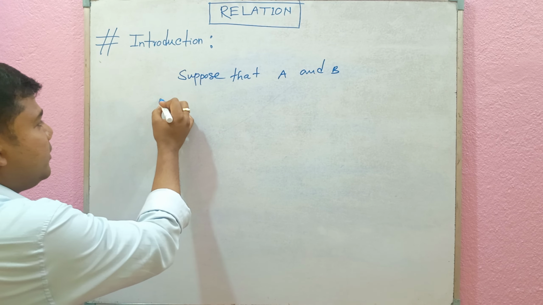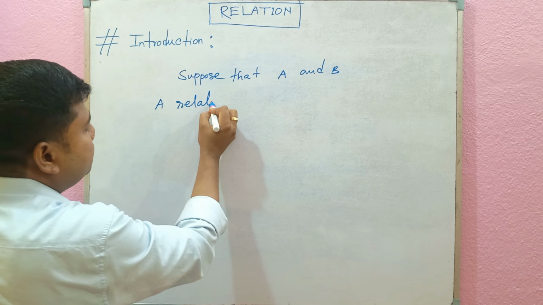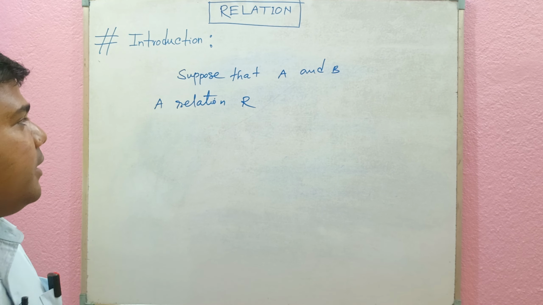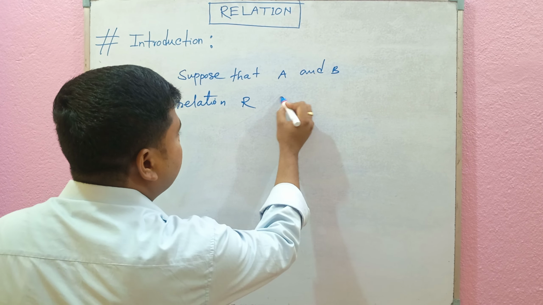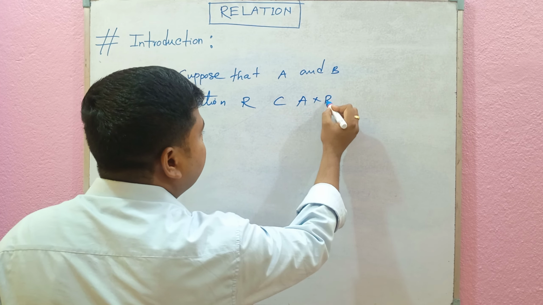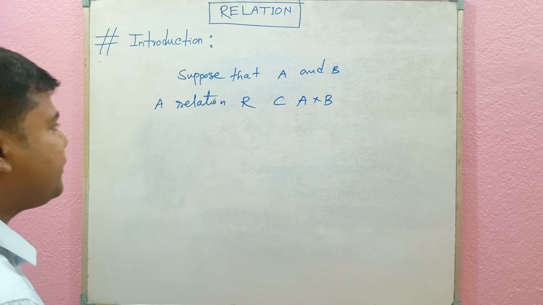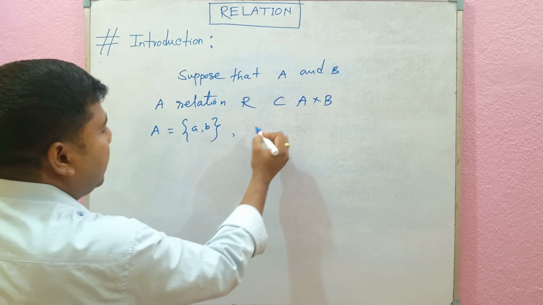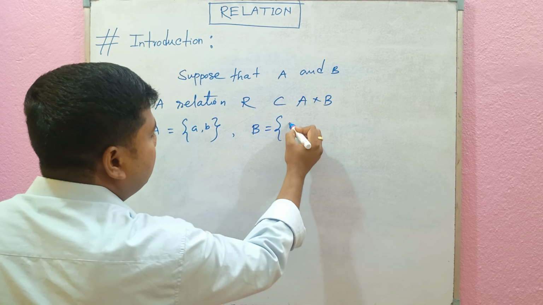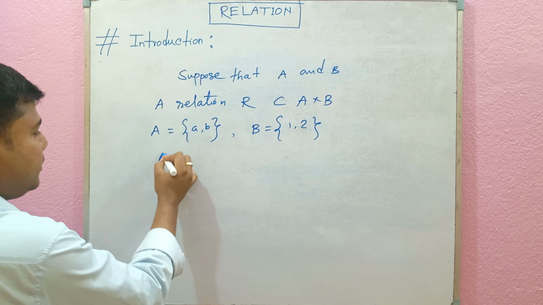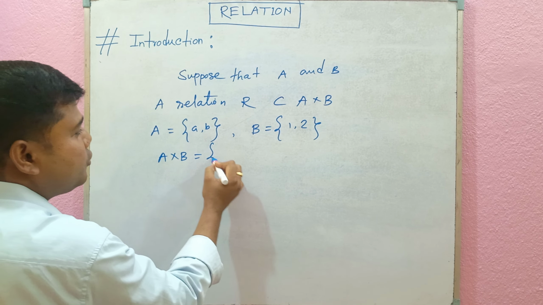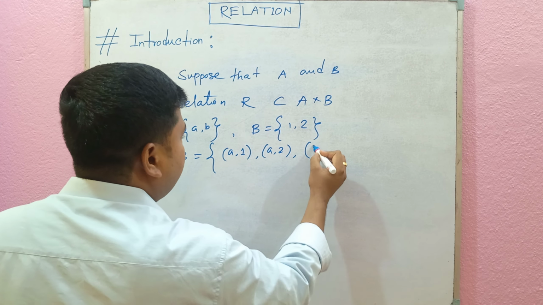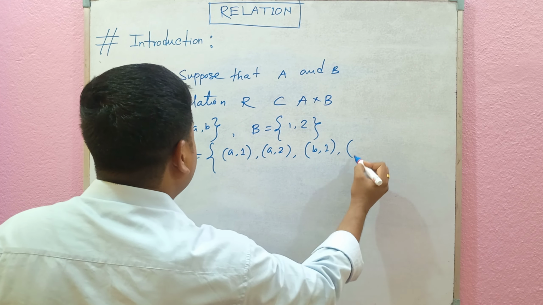A relation R from set A to set B is a subset of A cross B. For example, A = {a, b} and B = {1, 2}. Then A cross B is equal to {(a,1), (a,2), (b,1), (b,2)}.